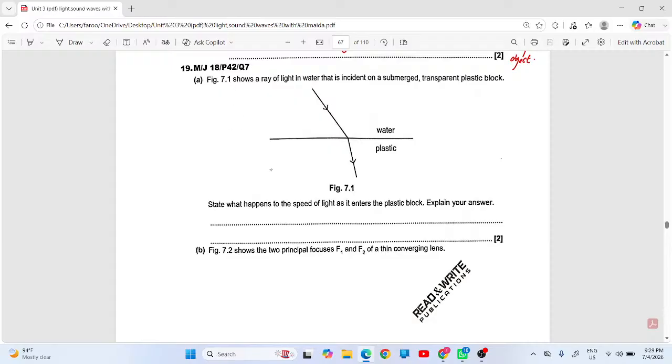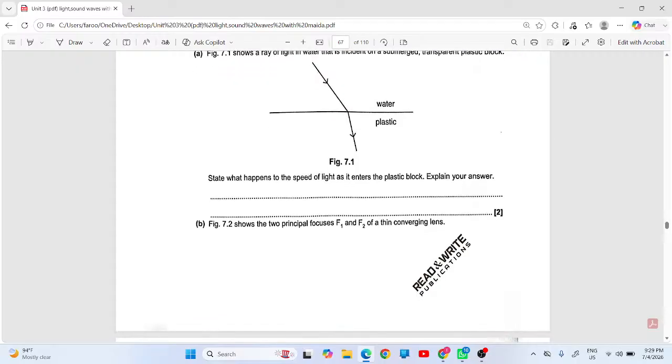Next is question number 19. Question number 19 is from 2018 paper 42. Figure 7.1 shows a ray of light in water that is incident on a submerged transparent plastic block. किसी plastic block पे hit कर रहा है. What happens to the speed of light as it enters the plastic block?